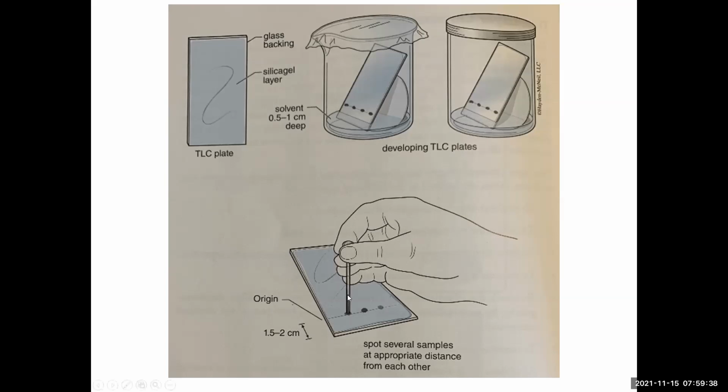And so you will dip that capillary tube into the compound that's again been dissolved in some sort of organic solvent, and then spot that dissolved mixture onto somewhere on the plate on the bottom here. And as you just touch it to the silica gel, some of the compound will come out onto the plate. And if you just leave it there, eventually all of the compound will come out onto the plate. You'll get this really big dot. That's not what you're going for. You want a relatively small dot so that as it moves up the plate, you have small dots moving up the plate and not giant dots.